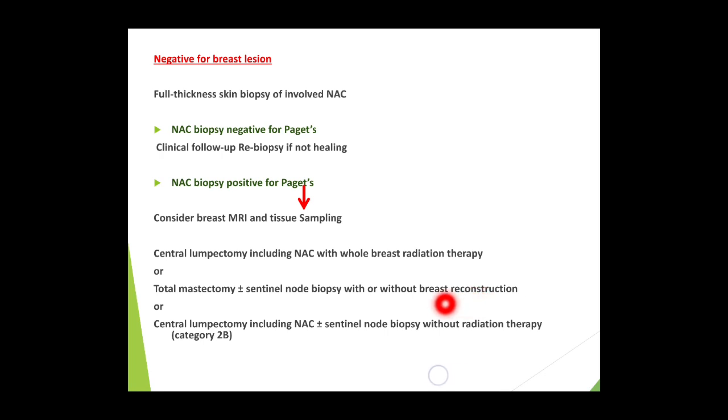And there is another choice, which is central lumpectomy including the nipple areolar complex plus or minus sentinel lymph node biopsy without radiation therapy. This choice is category 2B according to the NCCN guideline.